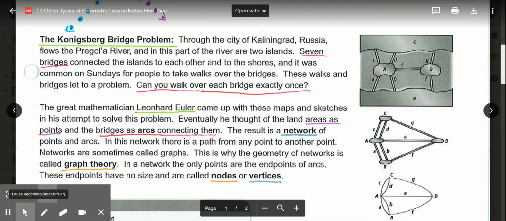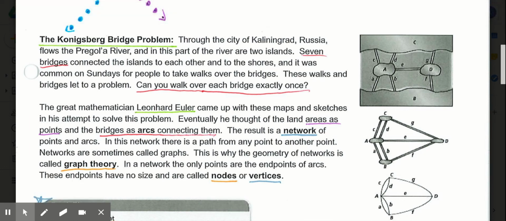And it was common on Sundays for people to take walks over these bridges in the city of Kaliningrad, Russia. These walks and bridges led to a math problem. That problem is simply the question, can you walk over each bridge exactly once? So this was a common question that was posed in the Königsberg Bridge problem.